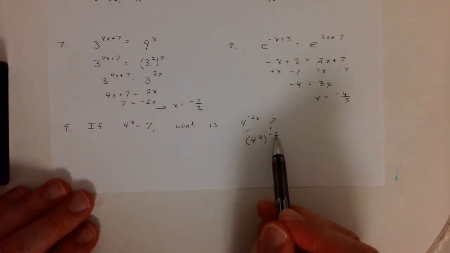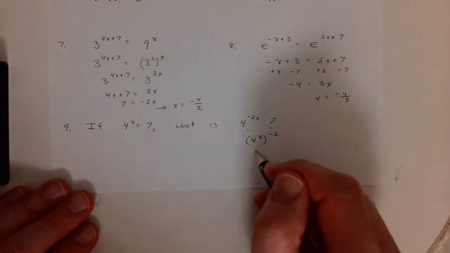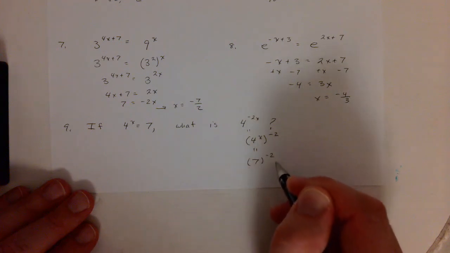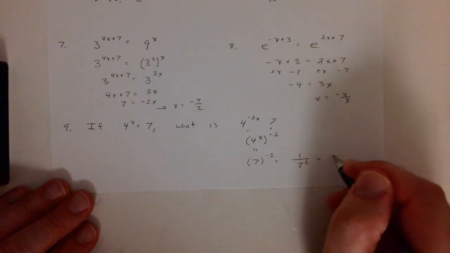Because this is negative 2 times x. 4 to the x is 7, so this is going to be equal to 7 to the minus 2, which is 1 over 7 squared, which is 1 over 49.